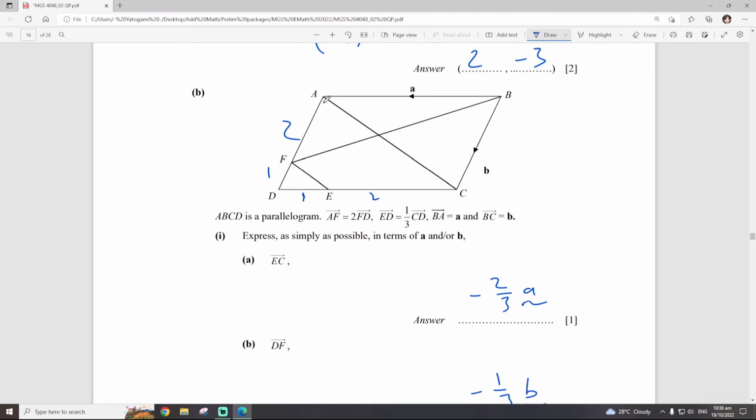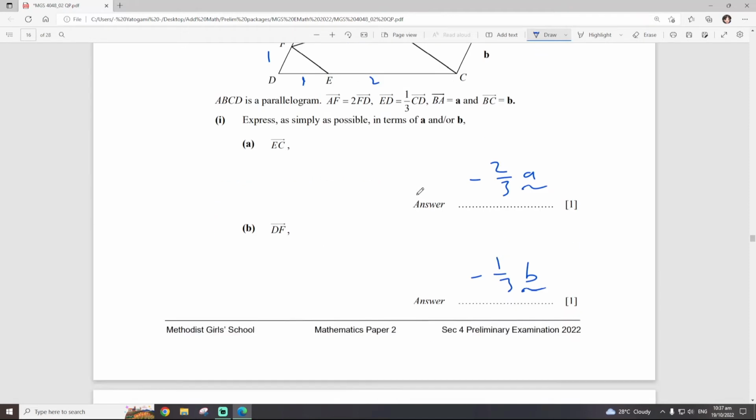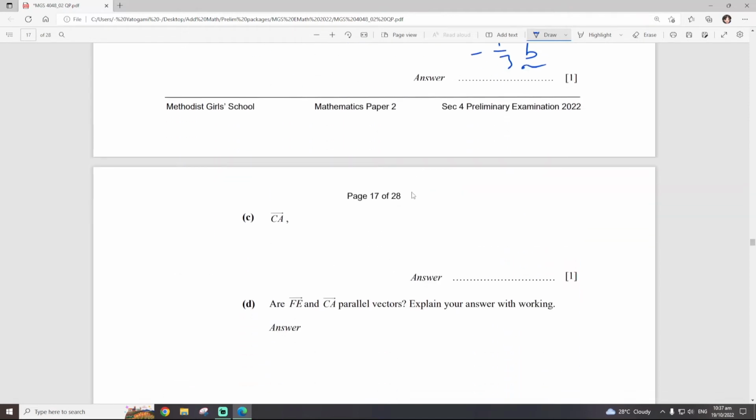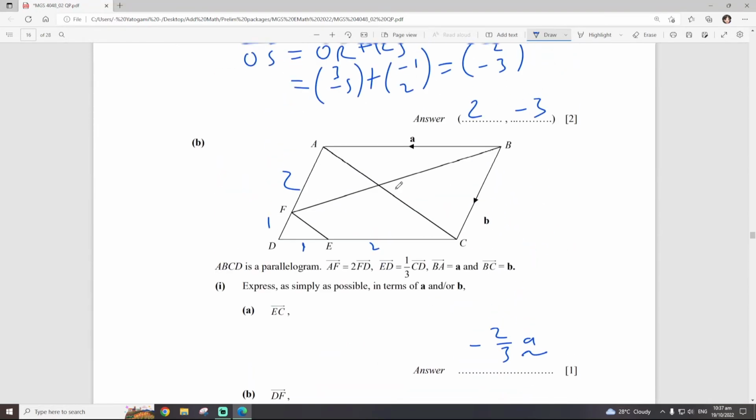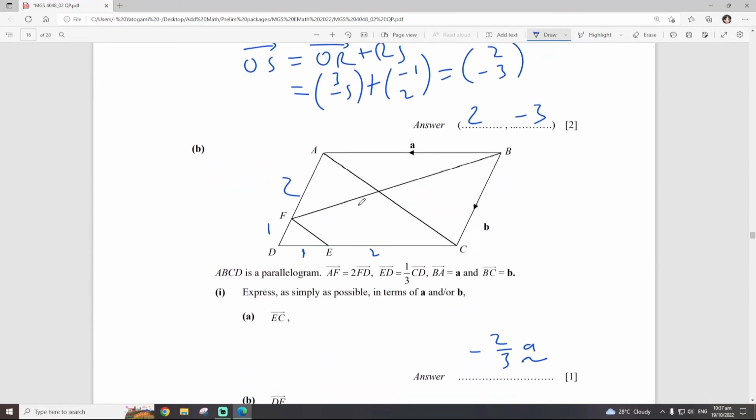CA is BA minus BC, which is A minus B. Yeah, that's it. It's A minus B. Okay. Are FE and CA parallel? Okay, yes, they are parallel. That's the answer. But why?